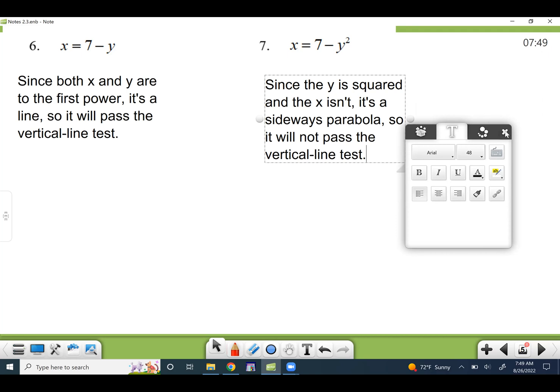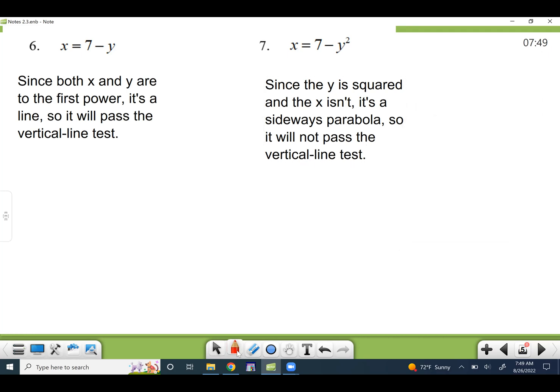And I mean, if you want to get technical, guys, don't worry about knowing this part. I'm just foreshadowing some stuff to come. This is going to be facing to the left, shifted to the right 7.